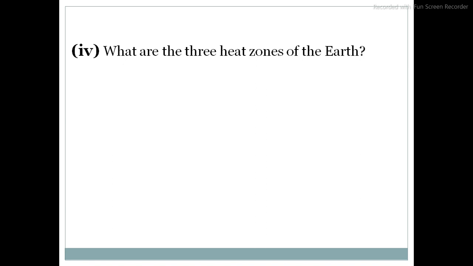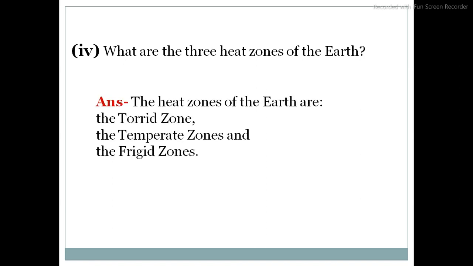So the answer is, the 3 heat zones of the earth are torrid zone, temperate zone and frigid zone. Cadets, please tick the answer in your textbook, or if you have the notebook, please write it in that. All the cadets, please, as you are observing in this slide also.